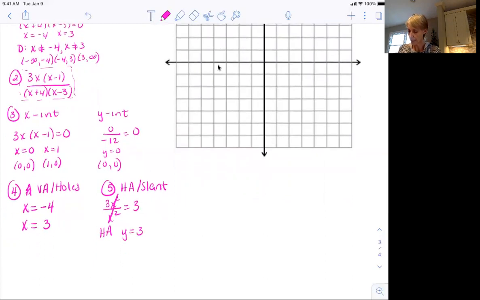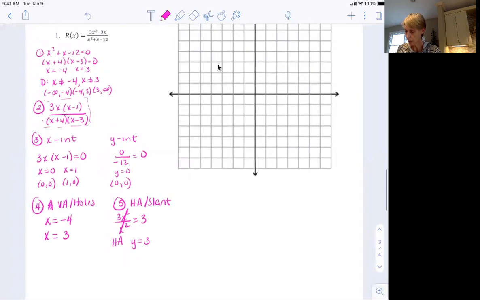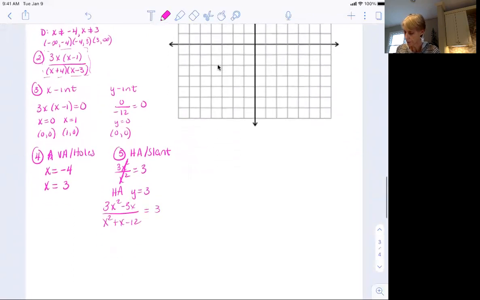We're going to see if it crosses by setting the simplest form equal to 3. And I'm going to actually use the original because I know I'm going to have to multiply things out anyway. Cross multiply: 3x squared minus 3x equals 3x squared plus 3x minus 36.